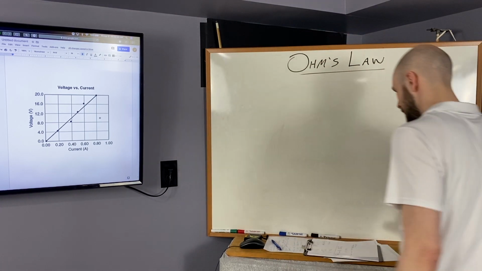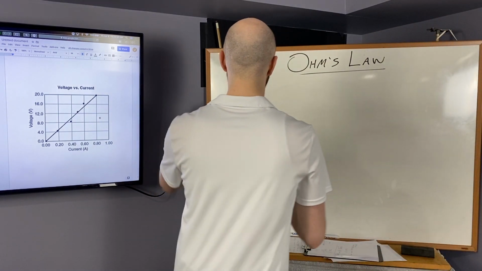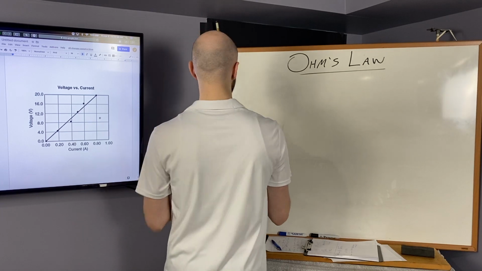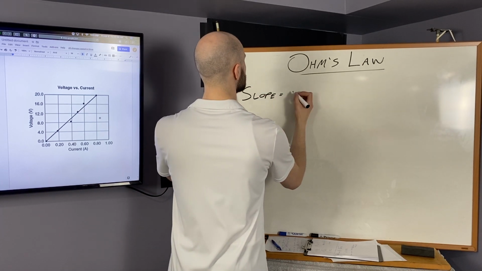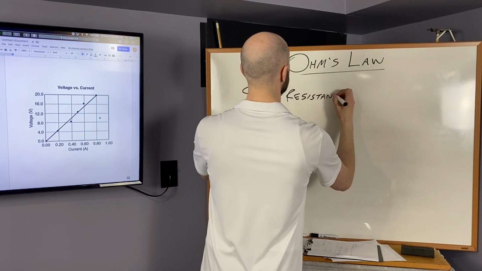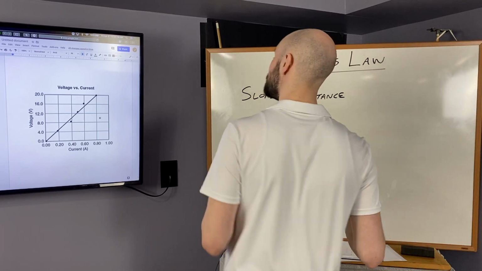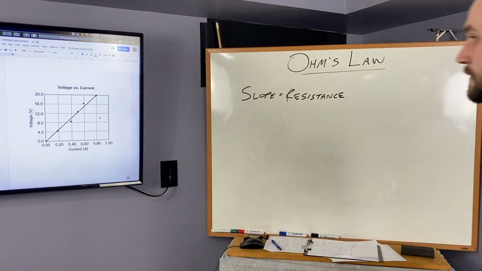Well, if you recall, when we have a graph of voltage versus current, the slope is equal to the resistance. So if we find the slope of this line, we will know the resistance of this device.